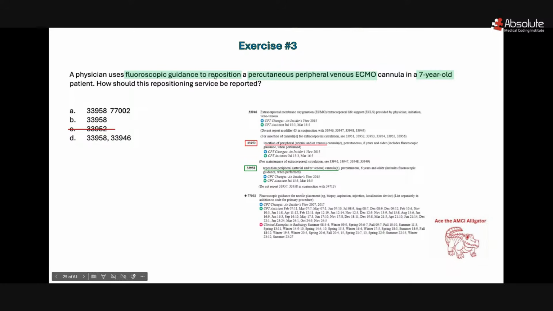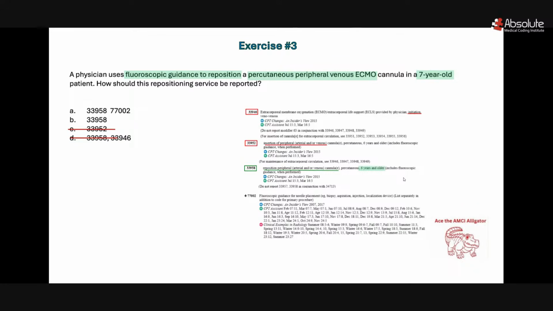We are looking at a repositioning procedure, so a totally different procedure. Now 33958 is for repositioning of a peripheral arterial or venous cannula, percutaneous, 6 years and older. So it looks like a good code.